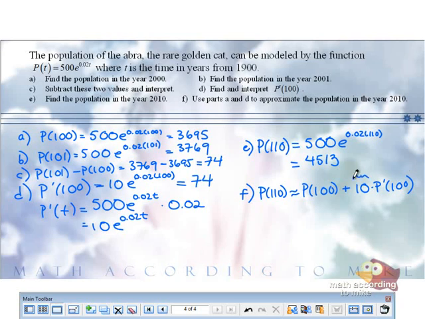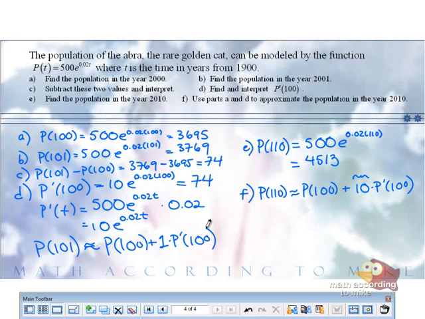So previously, when we talked about 101 and 100, we could have said P of 101 is approximately P of 100 plus 1 times P prime of 100. We just didn't say the 1 because it didn't make a difference, because it was only a 1 year difference, okay? But if you have anything higher than that, then that coefficient is important.